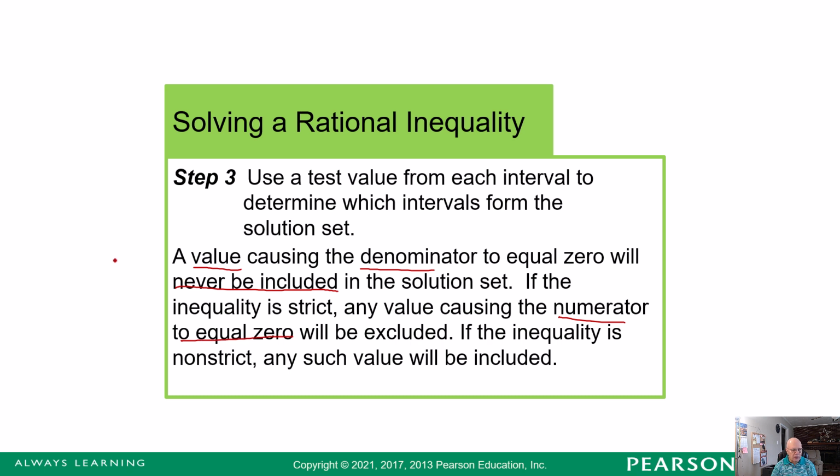You'll get critical points from the denominator, which you do not use. In other words, you'll have strict inequalities for those critical points. For the numerator, you're going to be able to use those.